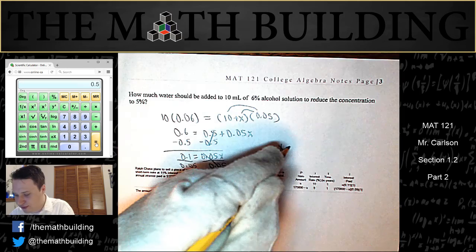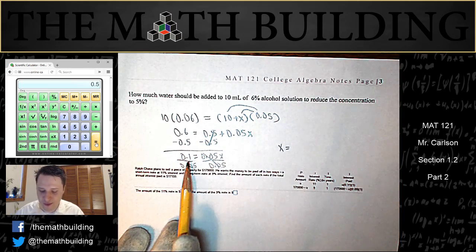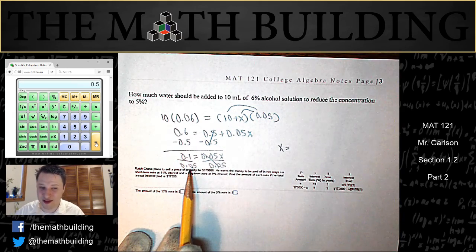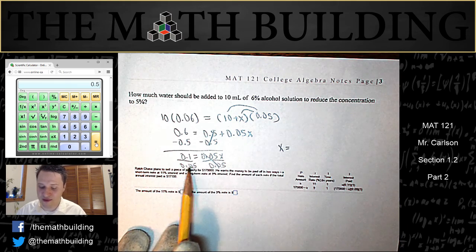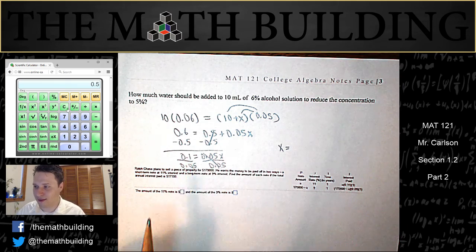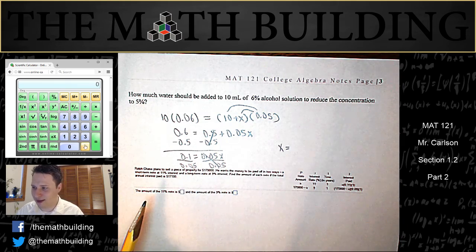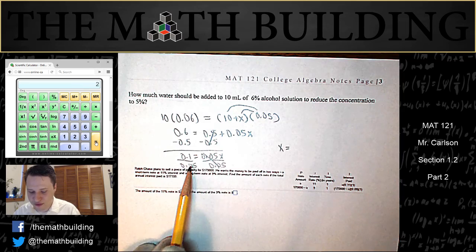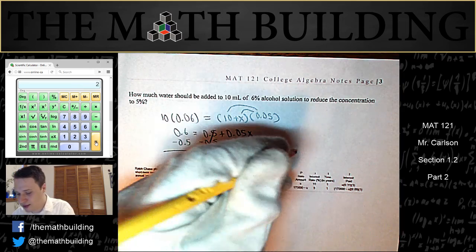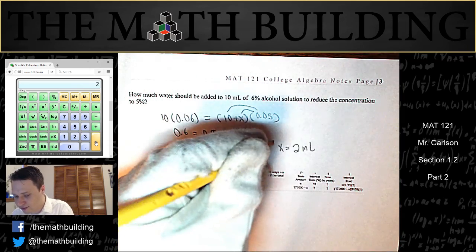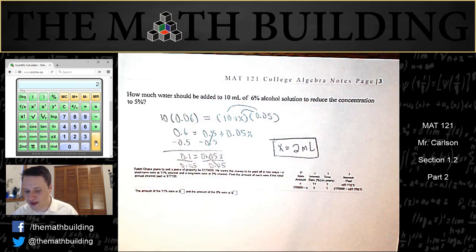So x is equal to, and can you do that in your head? What would 0.1 divided by 0.05 be? How many 0.05s do we need to make 0.1? Can you do it in your head? It would be 2, because 0.05 doubled would be 0.1. So x is equal to 2 milliliters, and that's where we could stop.